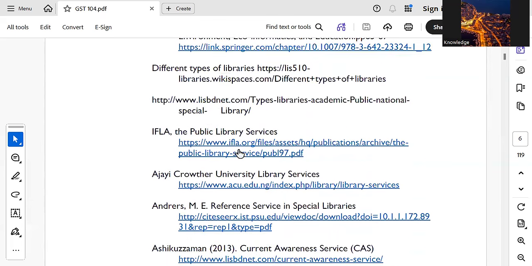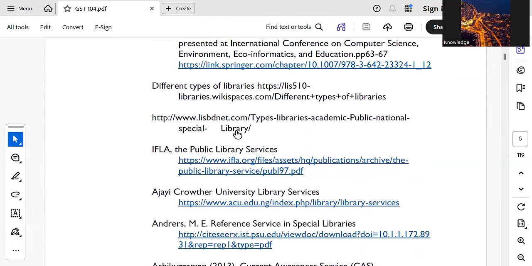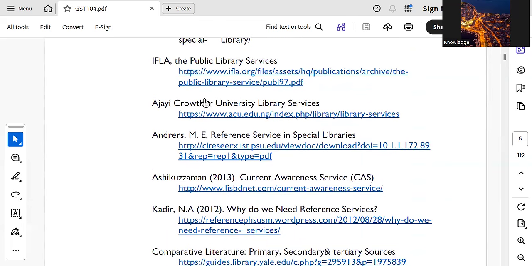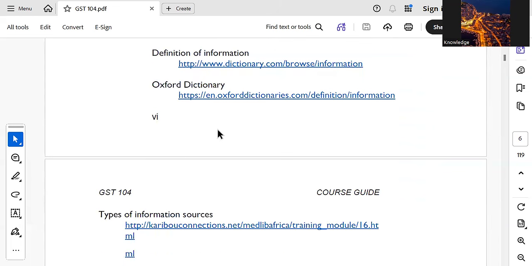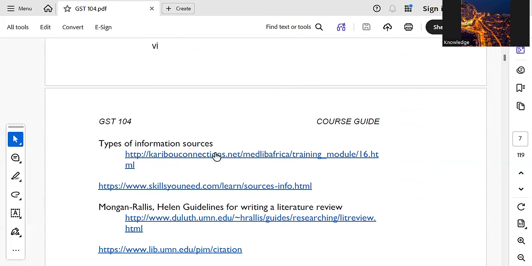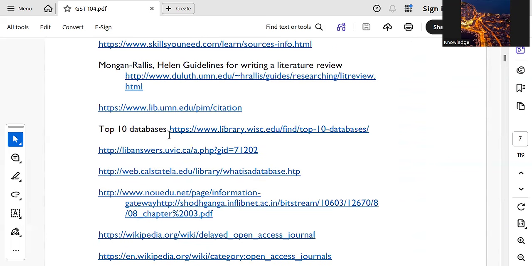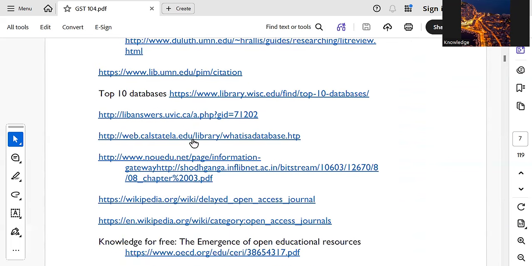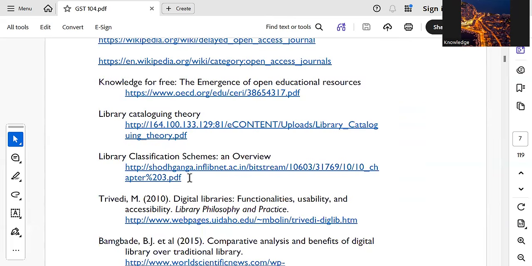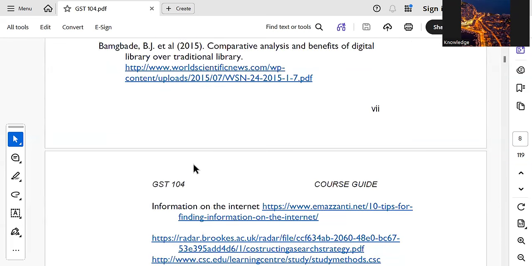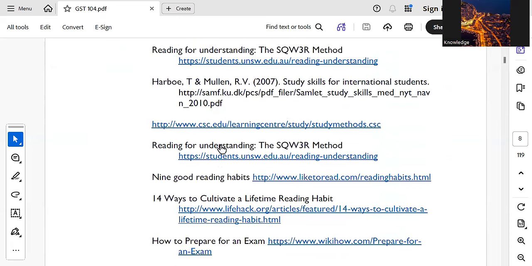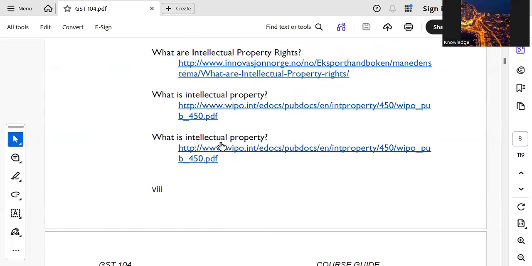We have the ones that talk about the types of libraries. We have the library classification. We have some links that lead us to types of information, and the ones that lead us to databases. Each of these has its usefulness. We'll visit the most important ones during the class.